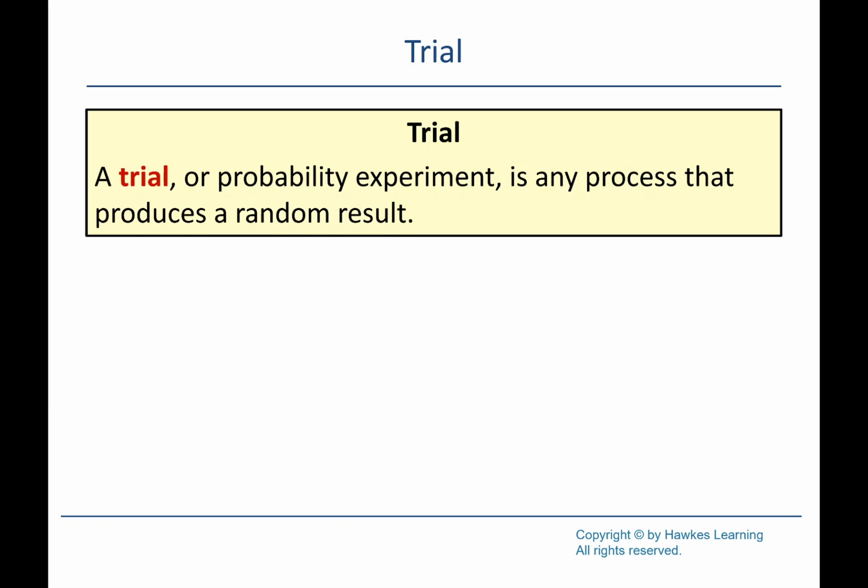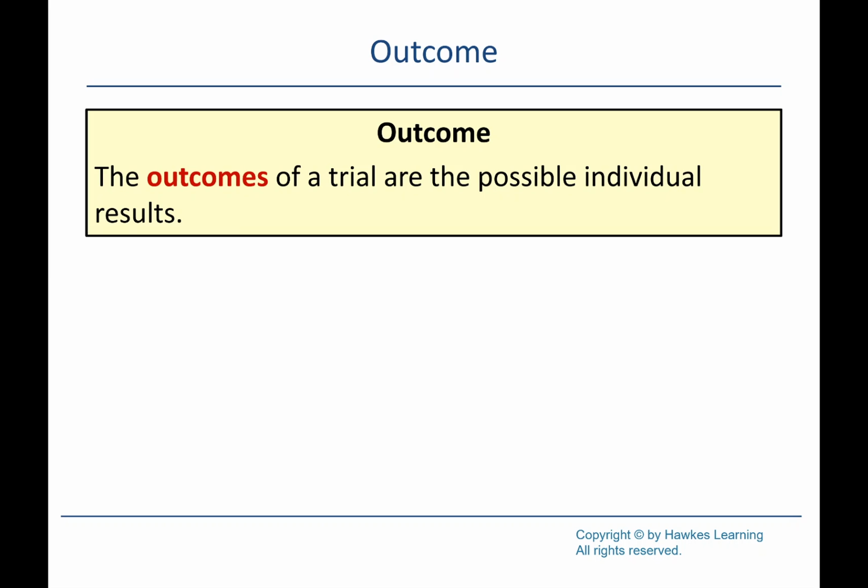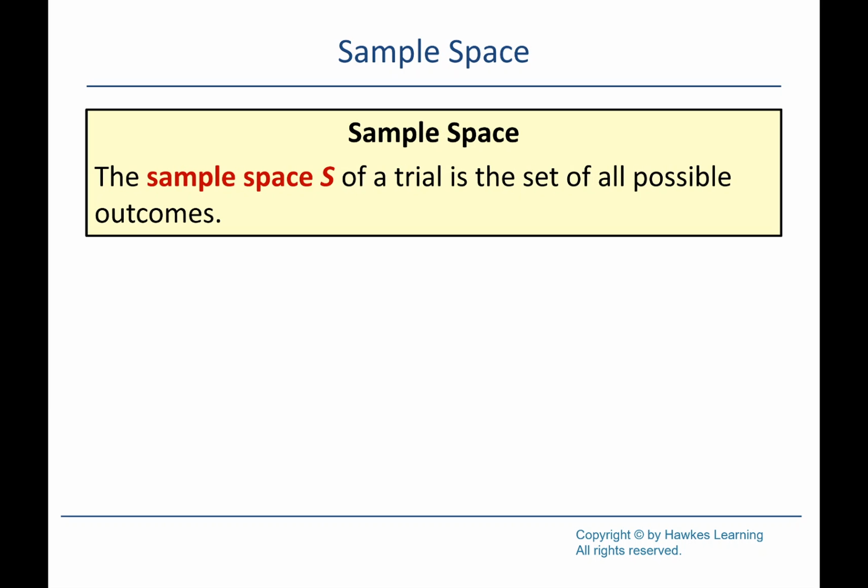All right, then if we list out all the possibilities for what we get when we do our trial, all those outcomes, all the possible outcomes we can have, we get what we call a sample space. That's what we just made.